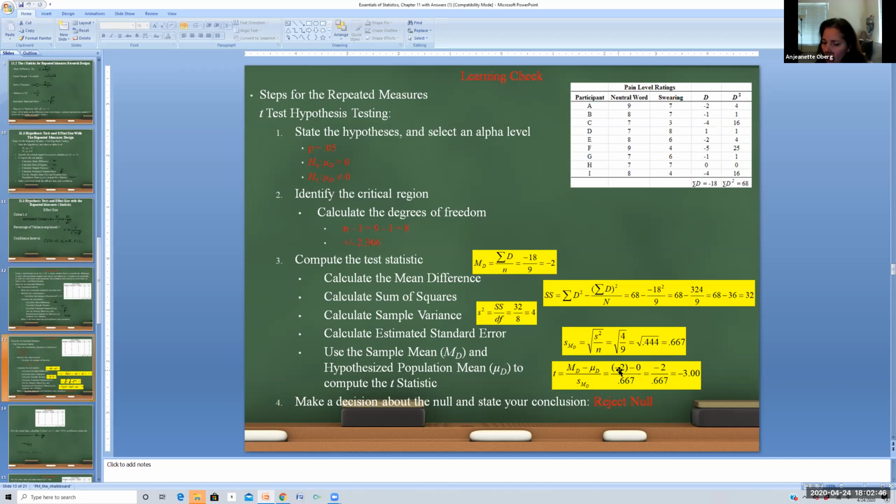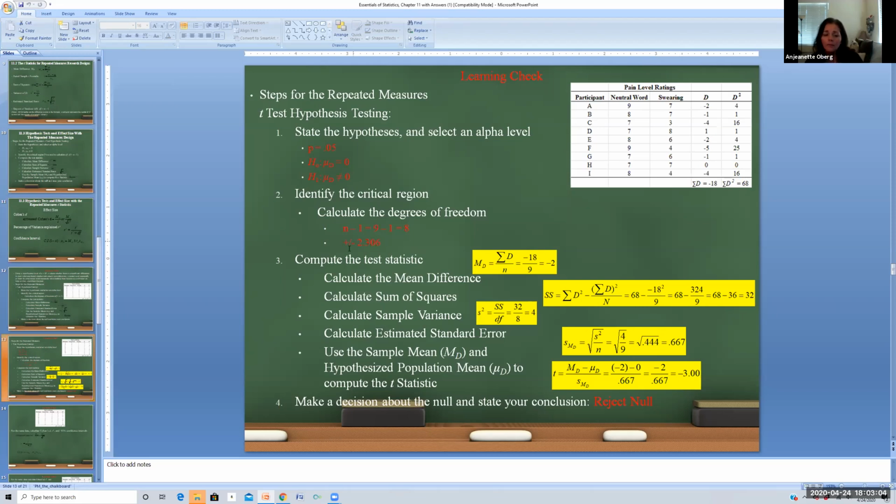So negative 2 minus, assuming a null hypothesis where the difference scores for the null is 0, divided by my estimated standard error.